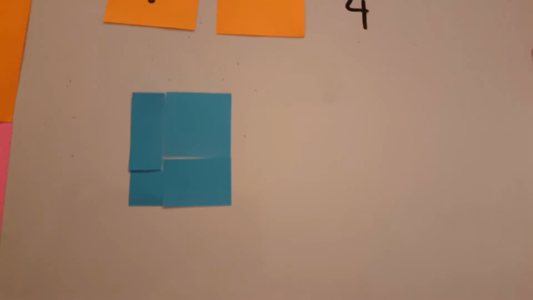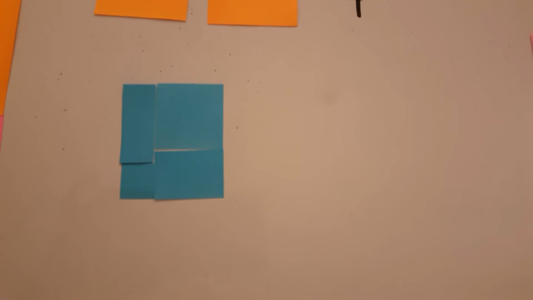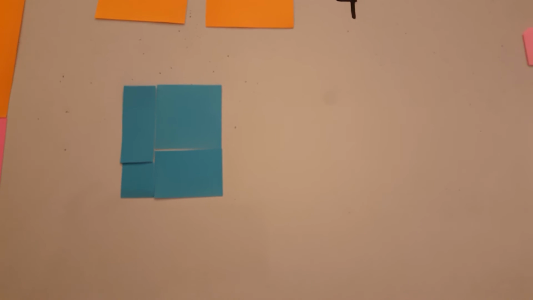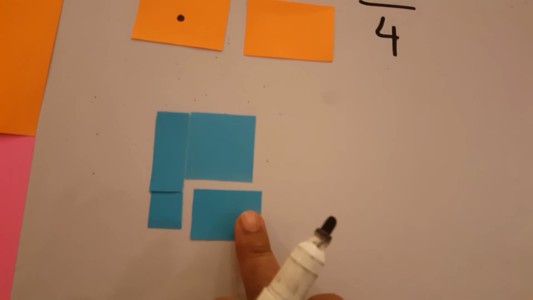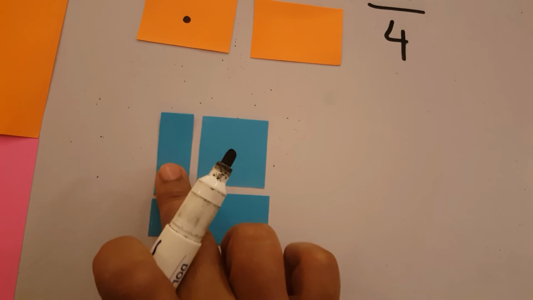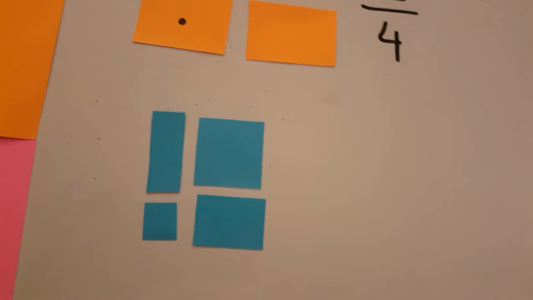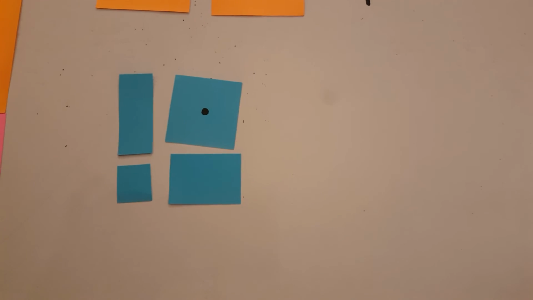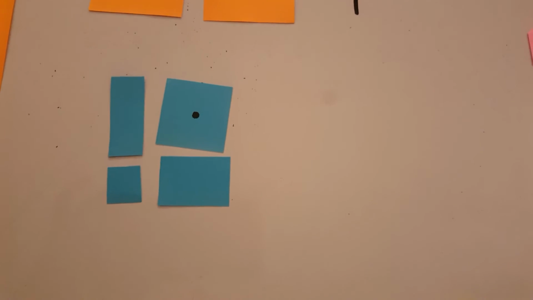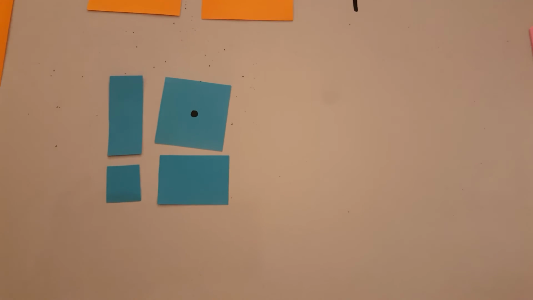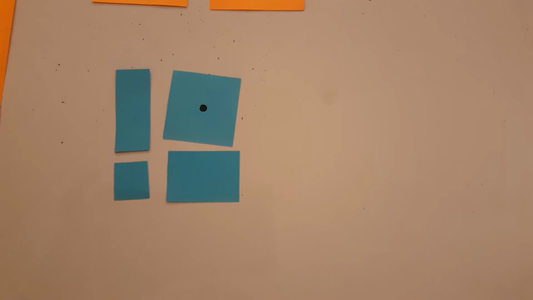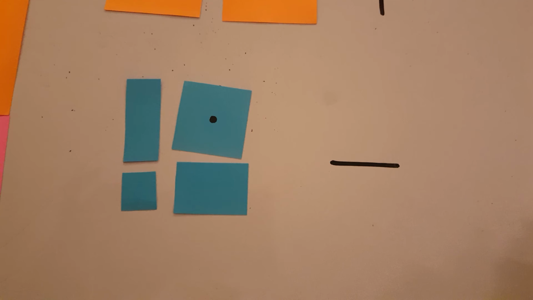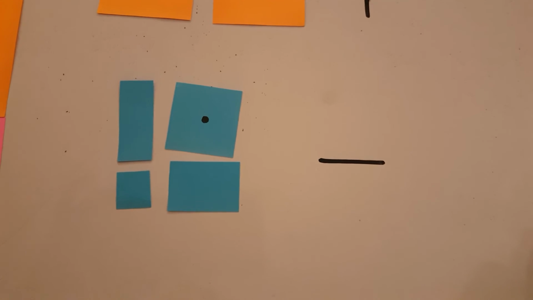Let's take a look at this shape now. First of all, let's see if they are equal in size. So let me move these bits aside. Yes. Now I would like to see how many pieces have a dot in the middle. So can I write this as a fraction? What is your answer? Is your answer yes or no? Is it no?